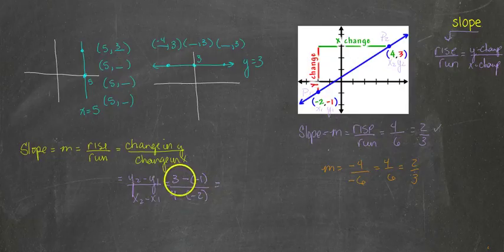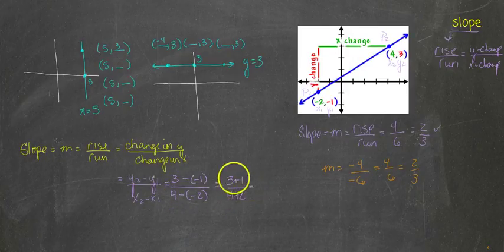So calculate: 3 minus the opposite of 1 is the same thing as 3 plus 1. 4 minus the opposite of 2 is the same thing as 4 plus 2. So I get 3 plus 1 is 4 and 4 plus 2 is 6. I have the same value. Reduce to get 2/3 and I have the same final value as well.